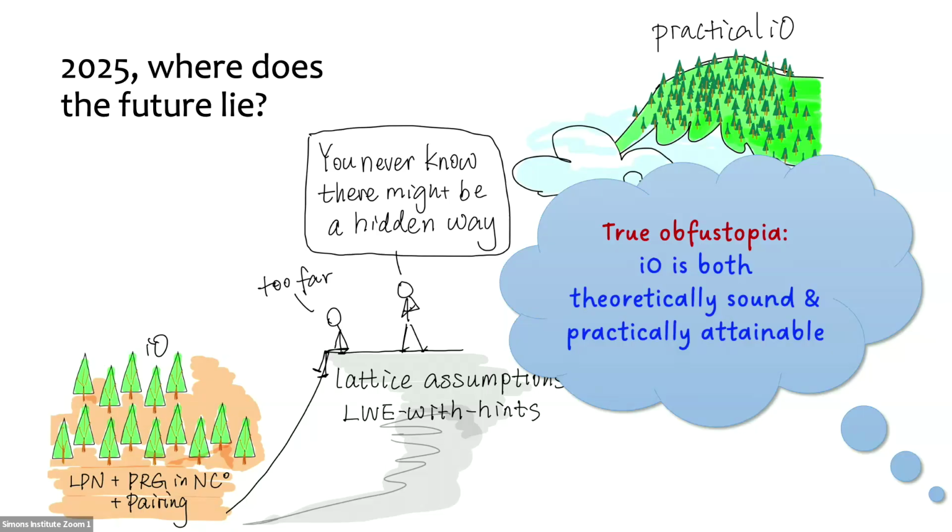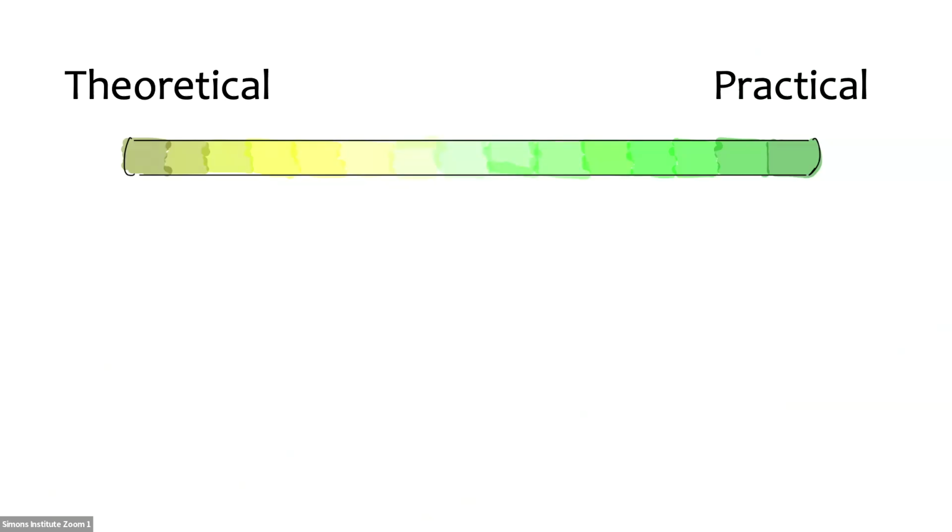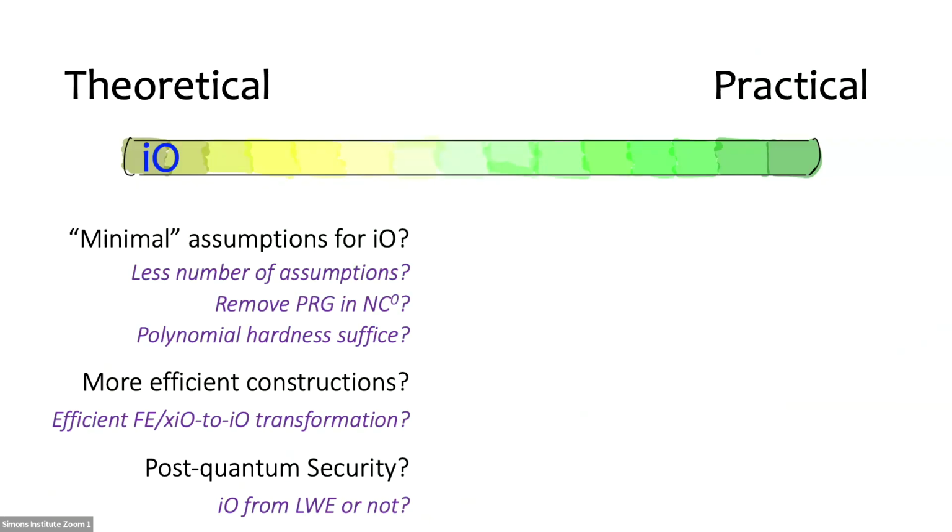Of course, what we hope for is that in another 10 years, in the cryptography program at Simons in 2035, we're going to have the true Obfustopia, where IO is both theoretically sound and practically attainable. At this moment, IO is at the very theoretical corner of cryptography, with loads of good theoretical foundational questions to solve.